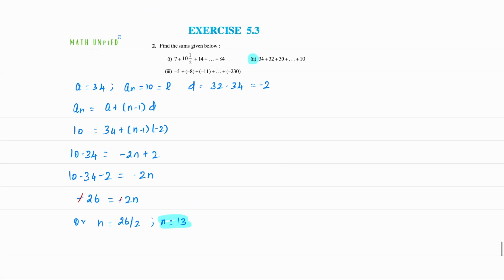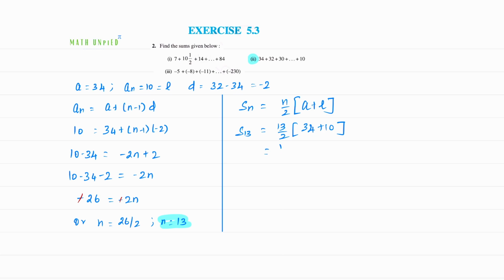Now we can do the Sn formula. Sn equals n over 2 times (a plus L). So S13 equals 13 over 2 times (34 plus 10). So this is 13 times 44 over 2, or we can cancel this. So 13 times 22, or S13 equals 286.